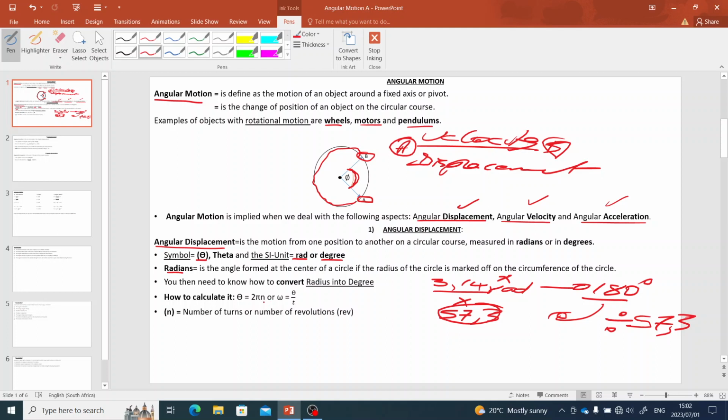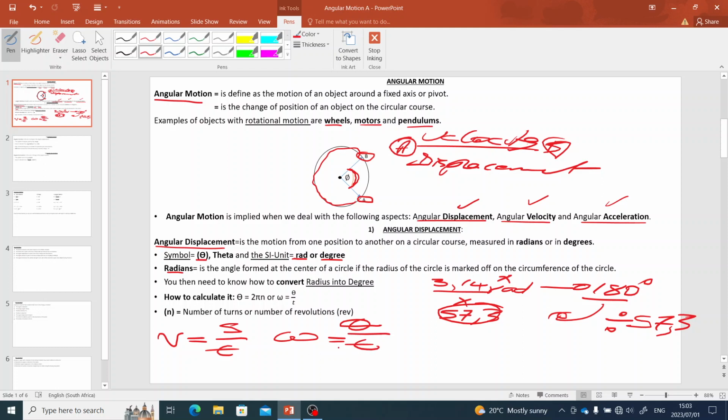Now let us look at how to calculate the angular displacement. Remember that from linear motion, we had v equals s over t. In this case, v is denoted as omega, which equals displacement, the fact that motion occurs on the circumference, and we said the displacement is called theta, over time. So omega equals theta over t.